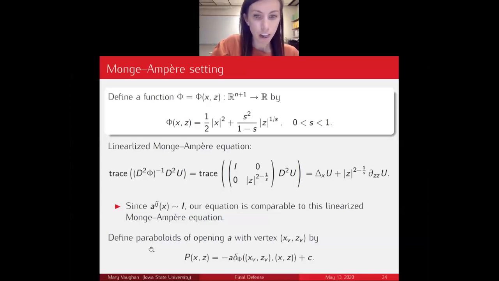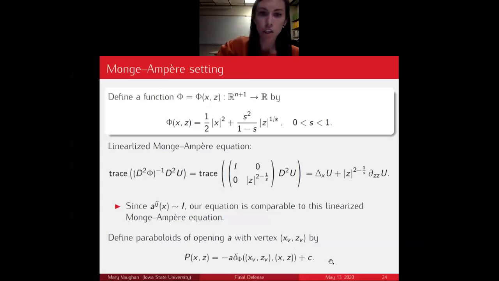So we define paraboloids with respect to this geometry to be the paraboloids with opening A and vertex (x_v, z_v) by negative A times the distance from the vertex to a point x plus a constant c. So in the case when s equals 1/2, this is like the vertex minus (x,z) squared.